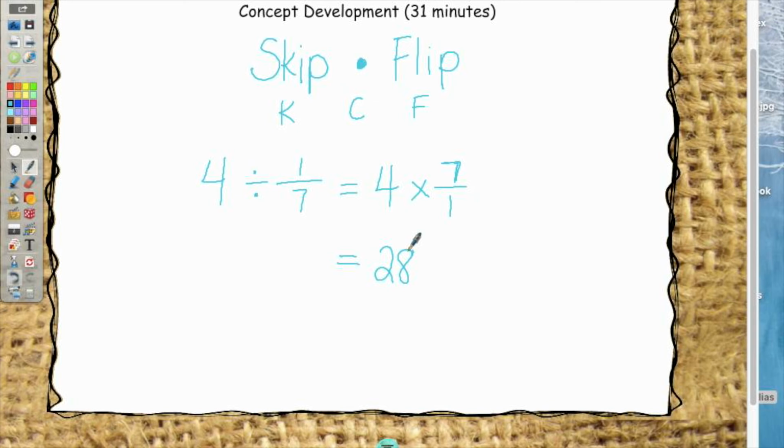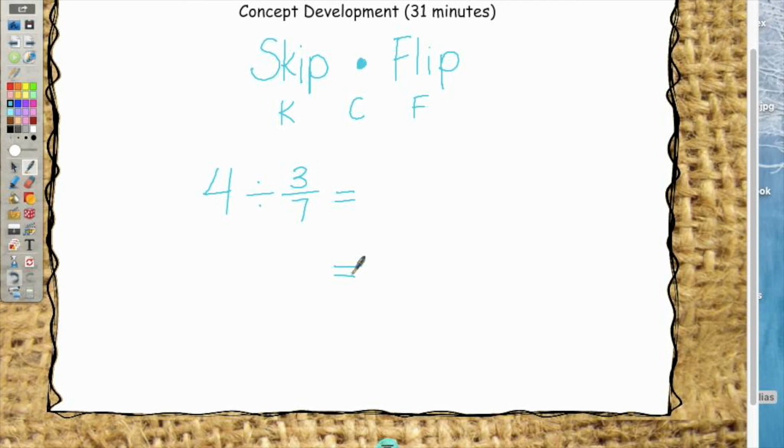Now I'm going to make it harder. That's pretty easy with a unit fraction. A 1 as a numerator. Let's change it to something that's not a 1. So let's do 4 divided by 3/7 equals. And let's use the same strategy. So skip means what, Jocelyn?